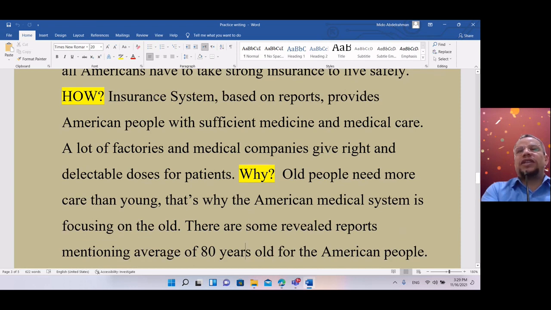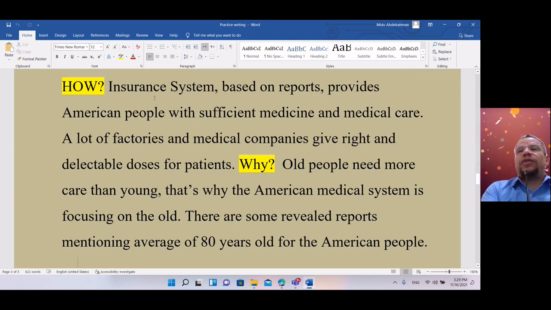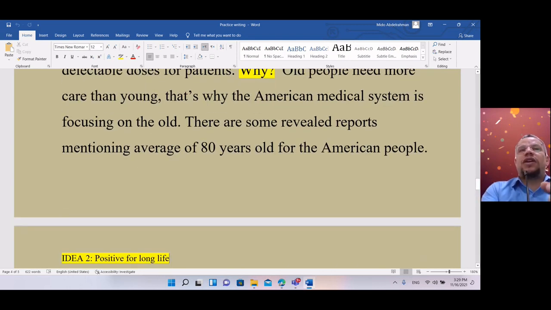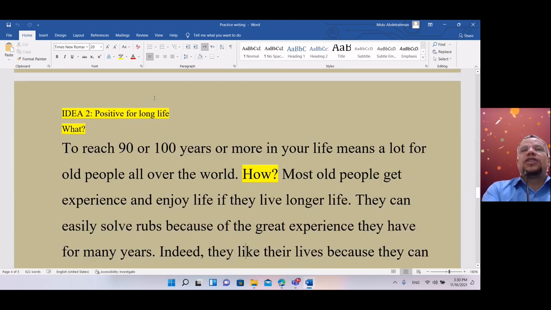A lot of factories and medical companies give the right and suitable doses to patients. Why? Now I'm talking about a specific point: old people need more care than young. That's why the American medical system is focusing on the old. There are some review reports mentioning an average of 80 years old for the American people.